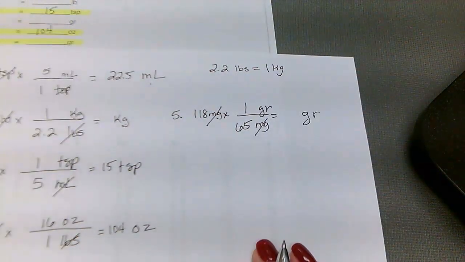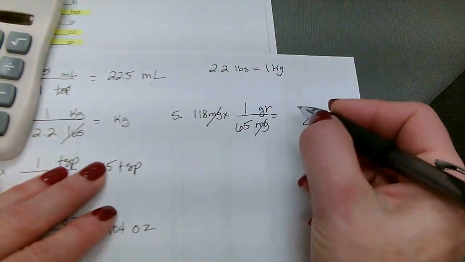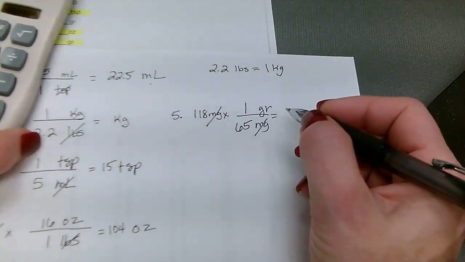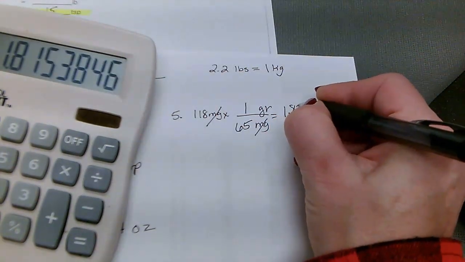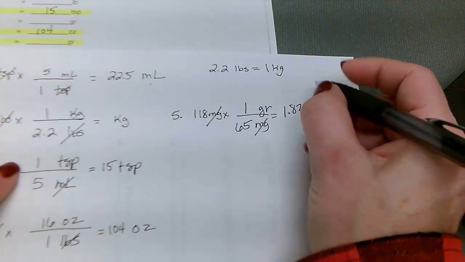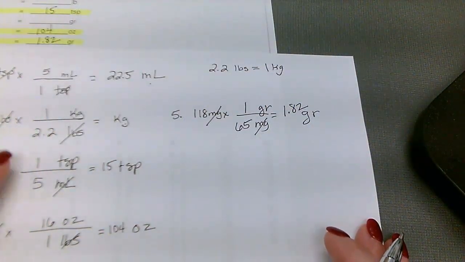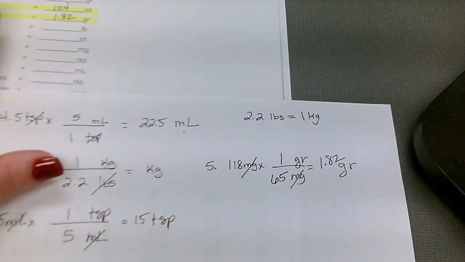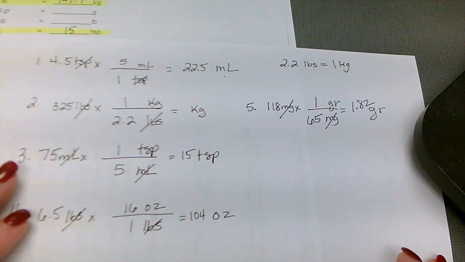We can cross that off. 118 divided by 65 is, we're going to round to the hundredths place because typically we do that, and it's going to be 1.82 grains. Okay, so those are some ways to convert between the apothecary and the household system.